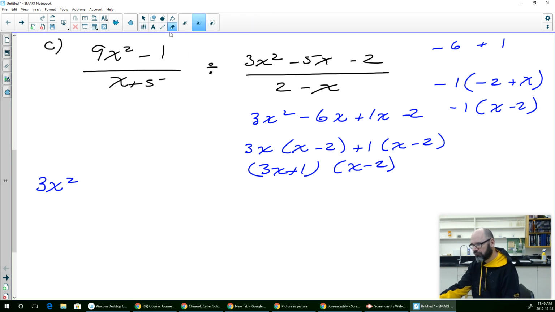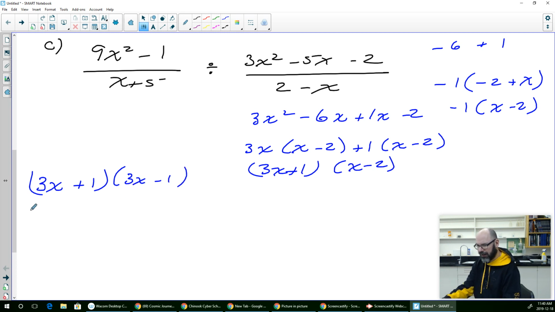We have to take the square root of it. So square root of x squared is x. Square root of 9 is 3. Square root of 1 is still 1. So we have plus 1 and minus 1. Difference of squares. Okay, x plus 5 stays on the bottom.